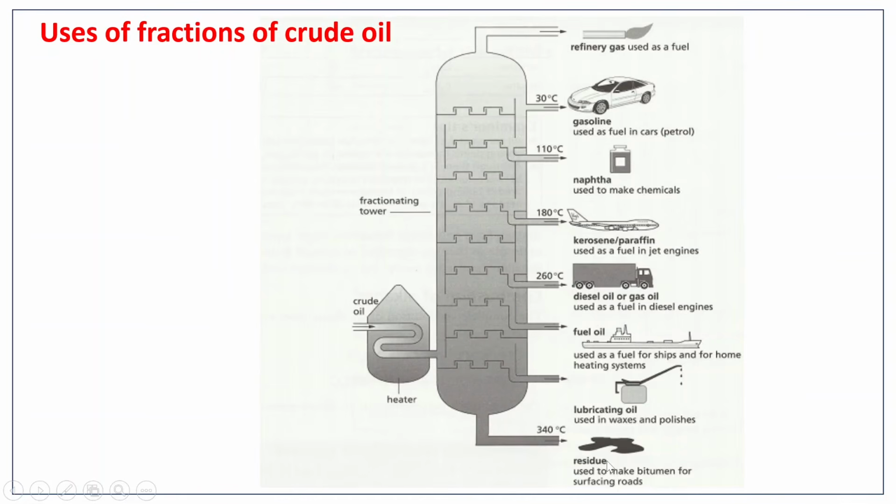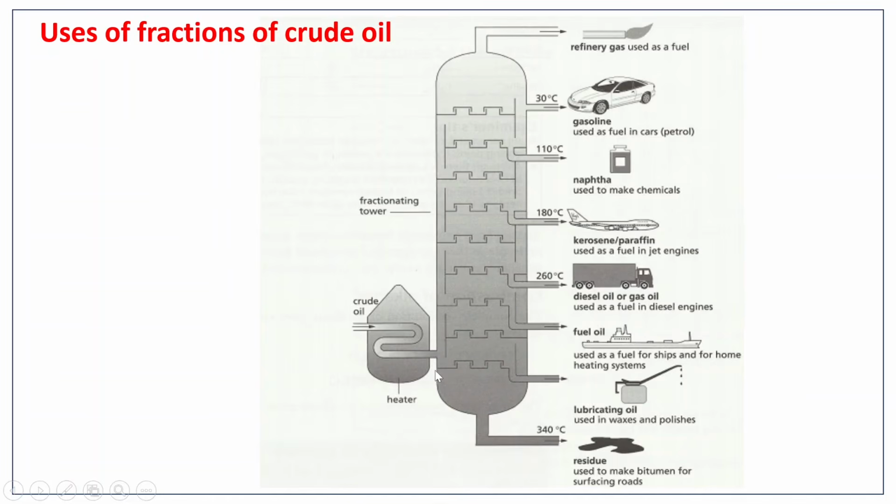This bitumen is used to make road surfaces and also roofing. So, in the form of a diagram, this is how these different fractions are produced from this fractionating tower.